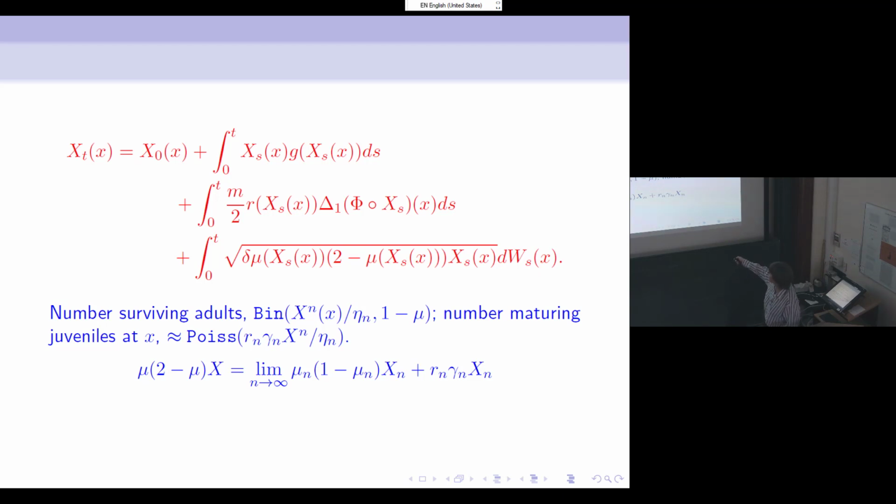And then the number of maturing juveniles, well, that was Poisson with this parameter. But the variance of Poisson is equal to its mean, and so I'm going to see an R gamma times x coming up in this variance. So really we think of this as the two things that contribute to the noise, the deaths of adults and the births of offspring. So it's not as mysterious as it might have first appeared.